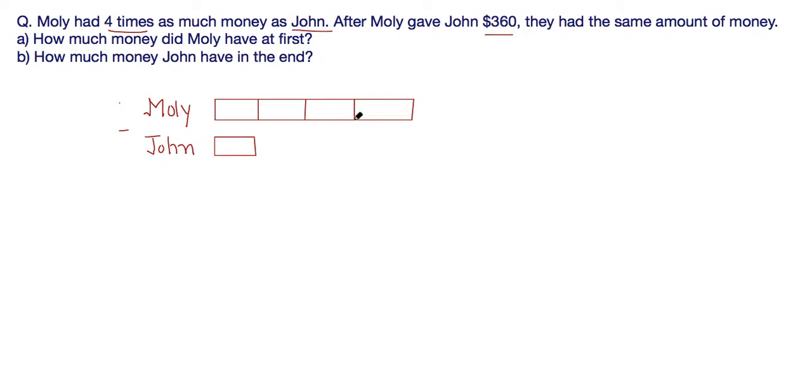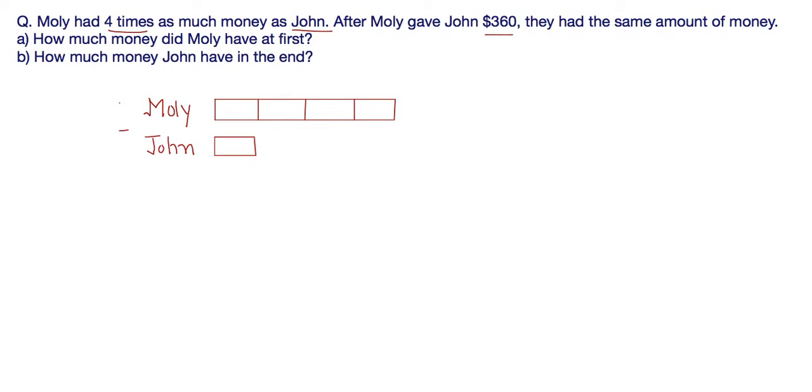Although it doesn't look so much equal, right? So let's make it equal. Okay, maybe till here will do. Okay, yeah, that looks better. So Molly is having 4 times as much as John, so which is represented here.